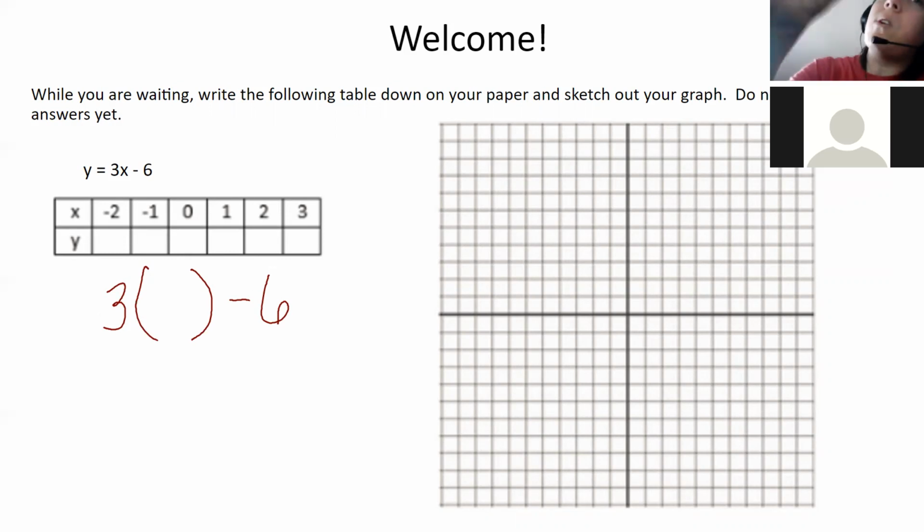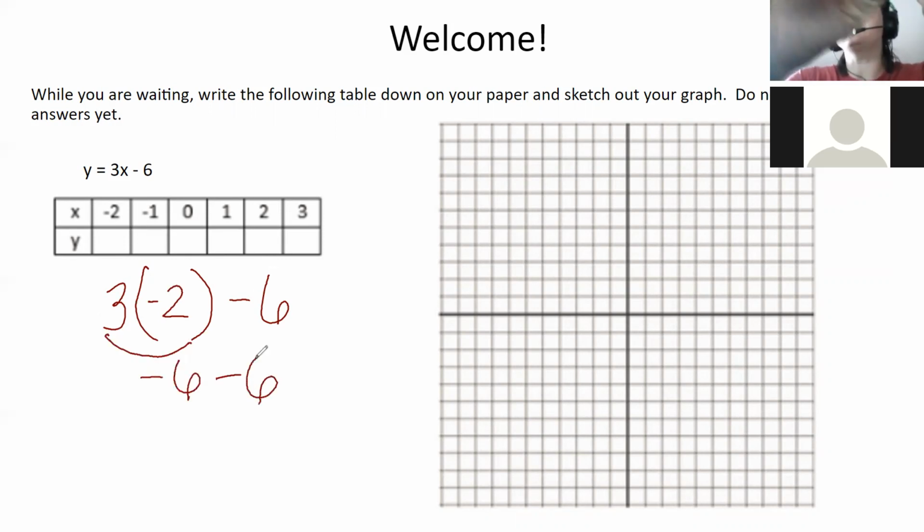Okay, so if x is -2, we would go 3 times -2, which is -6, minus 6 is -12. And then that means that this point here would be -12. And then my first ordered pair that I would put on my graph is -2, -12.